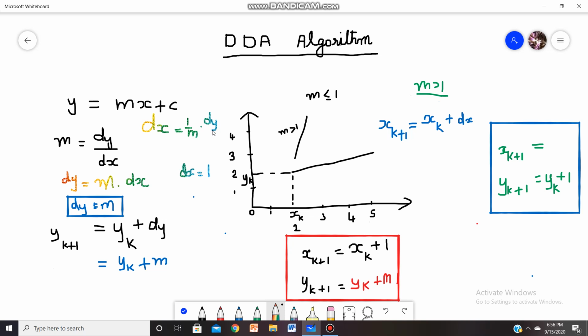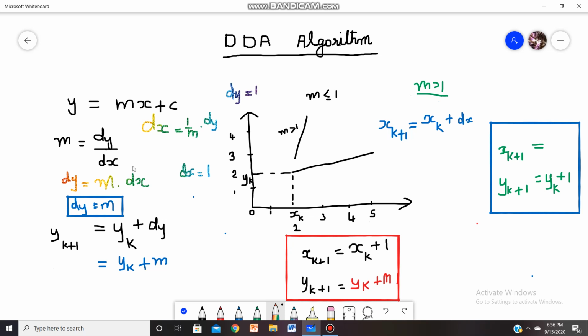Now in this case, dy is equal to 1. For the m greater than 1 case, I know that dy is equal to 1, so I got the answer.